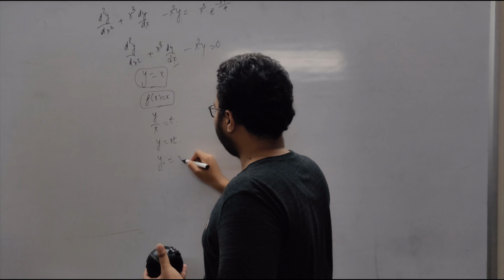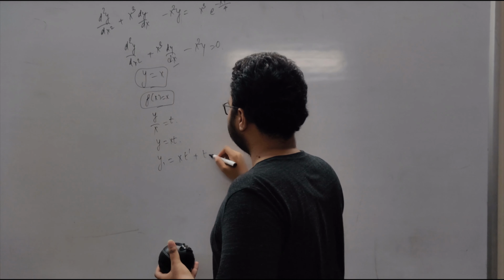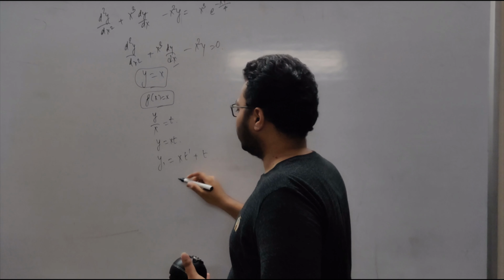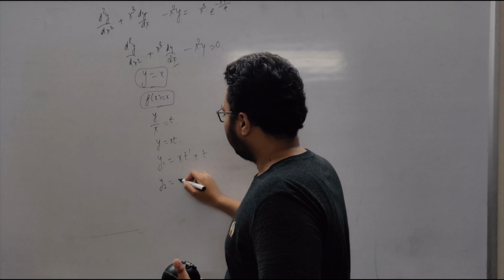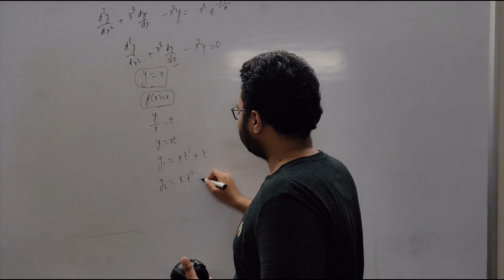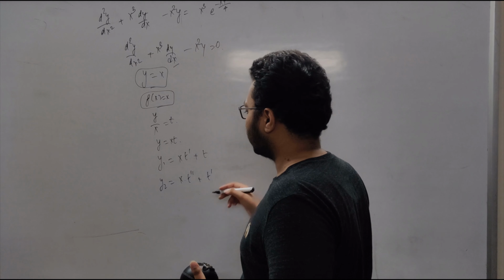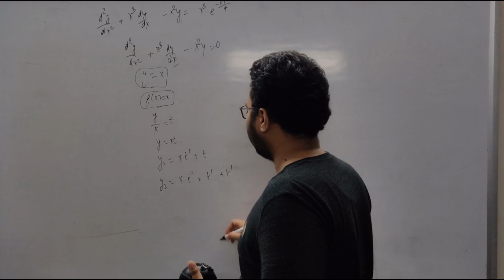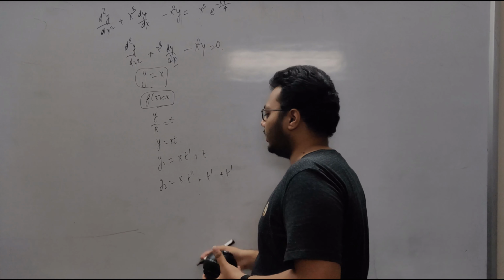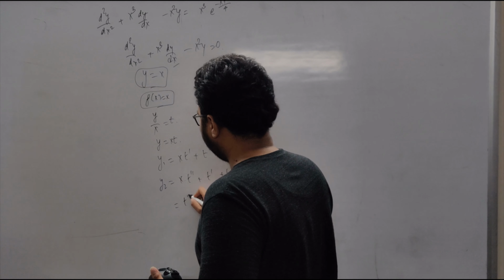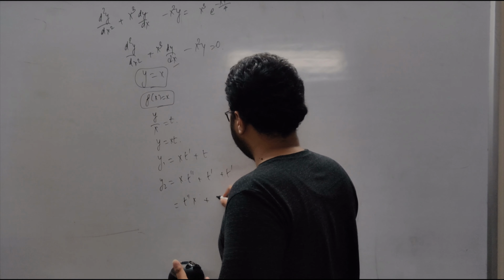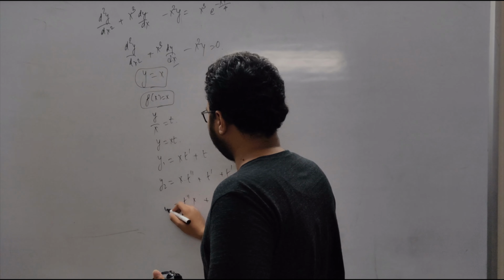y1 equals x t dash plus t into x dash, which is 1, and y2 is x t double dash plus t dash x dash, which is again 1, plus t dash, so t dash plus t dash is 2t dash, so t double dash x plus 2t dash is equal to y2.